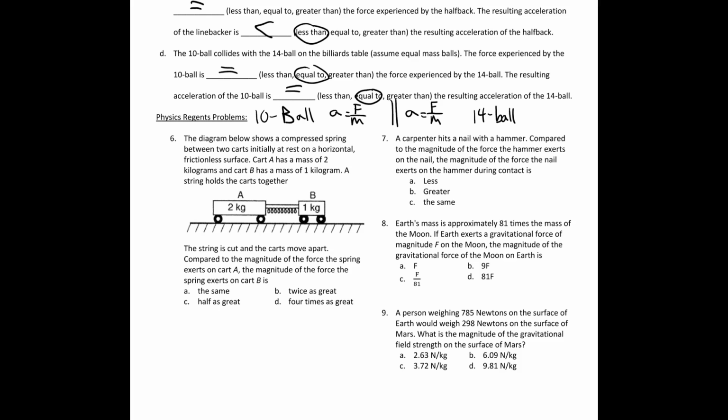Compared to the magnitude of the force the spring exerts on cart A, the magnitude of the force the spring exerts on cart B is the same. Equal and opposite forces.